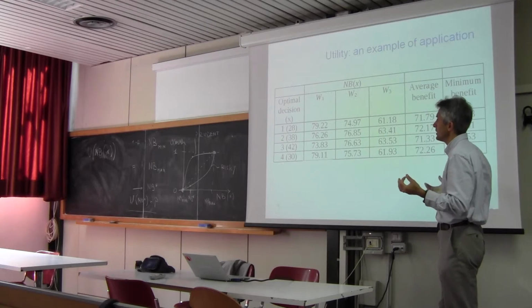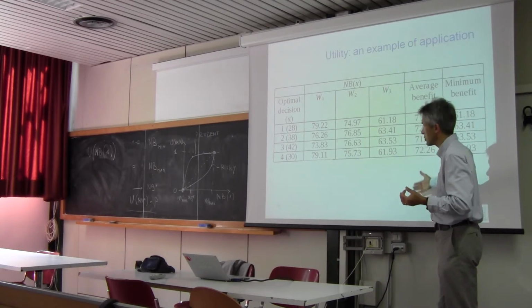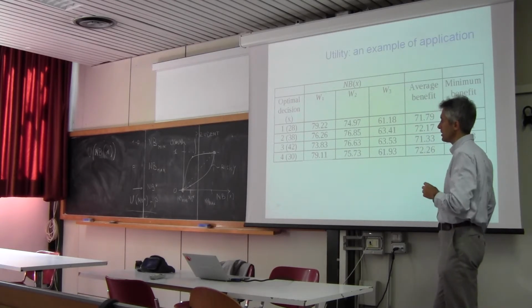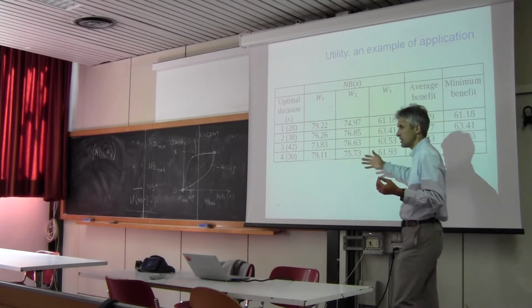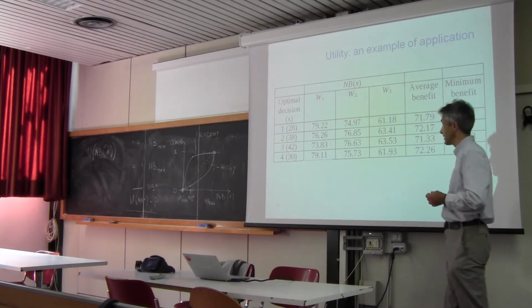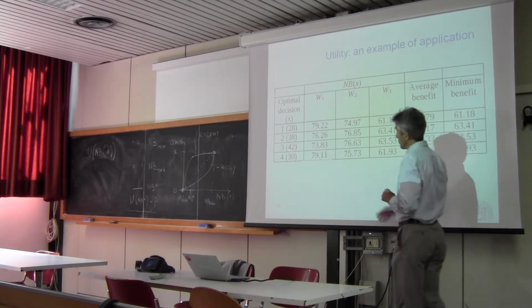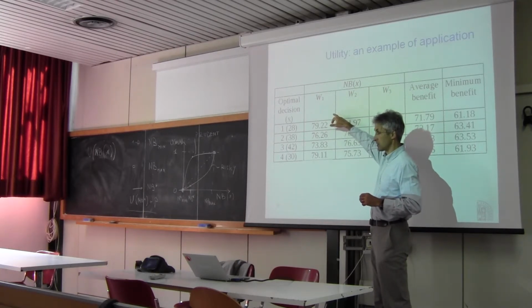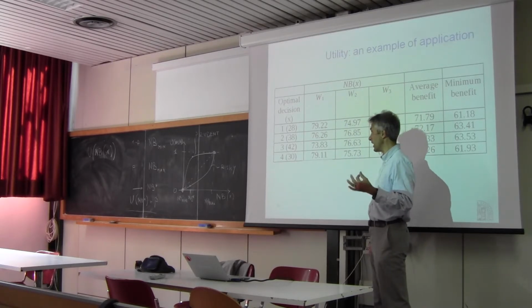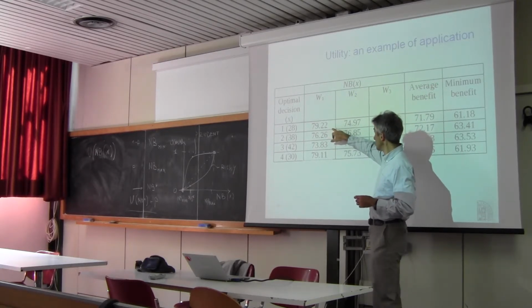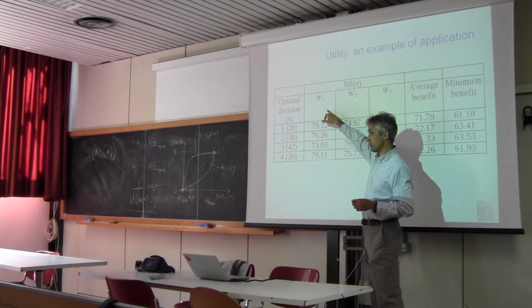And of course, the table should be longer. I should include any other possible decision if I want to make a comprehensive analysis. But in order to make it simpler, I limit my list of possible decisions to these 3, 4 decisions. And look, if you refer to the case in which your outcome for the parameter vector is W1, then you get 79.22 according to W1.